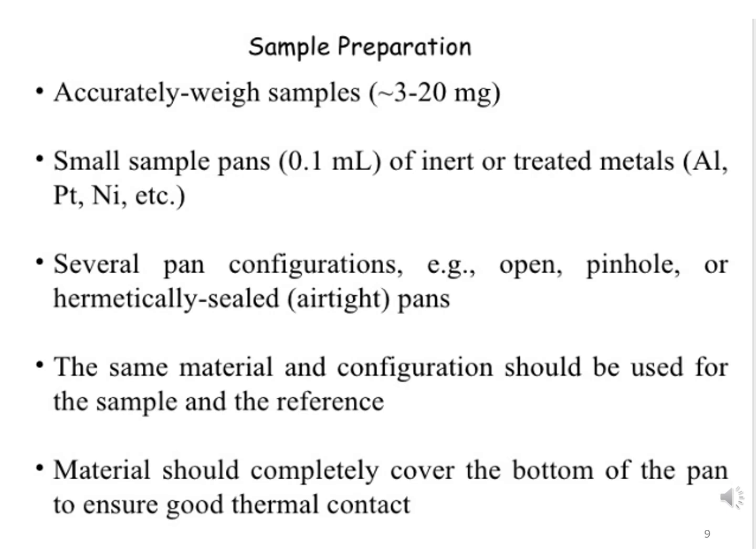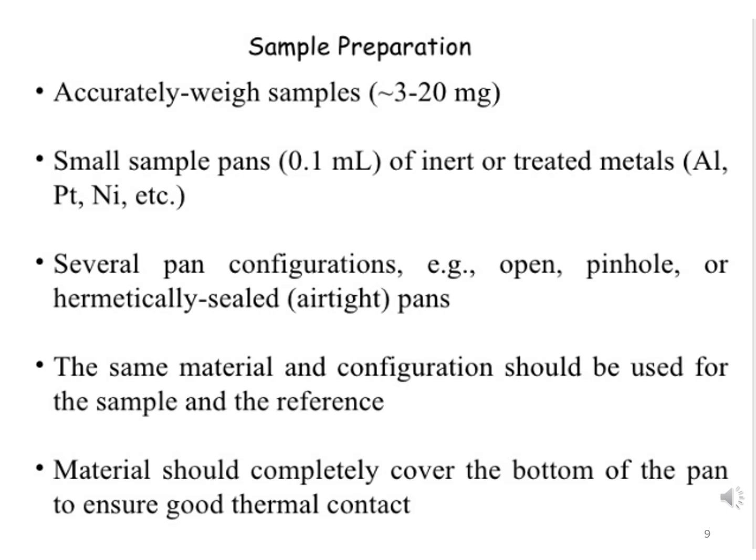We already discussed sample pans or crucibles, which could be made of aluminum, platinum, or nickel. Mostly we use metals or materials that are inert and cannot react with our sample.